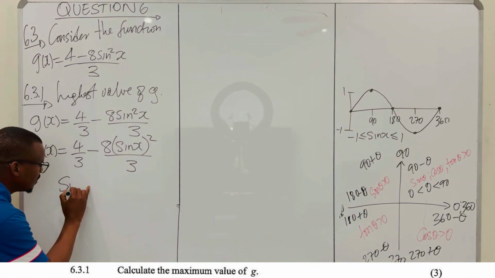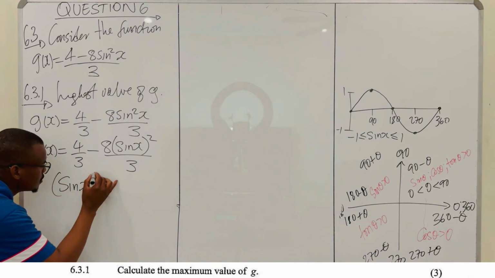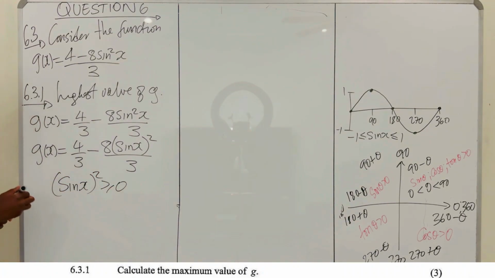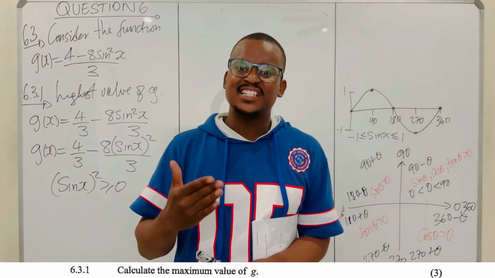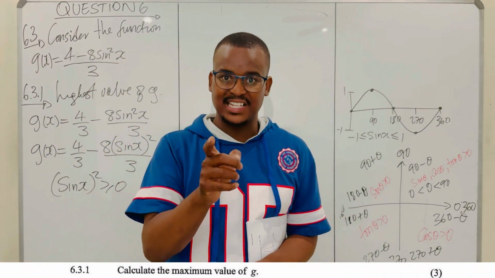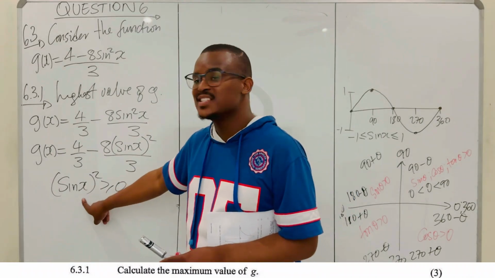If you have sine x all squared, this thing is always positive. Sorry, not positive, it's non-negative. Positive means it's above 0. Non-negative is 0 or more. I'm correcting that statement. So this thing is always non-negative.